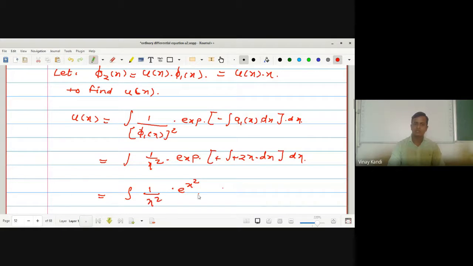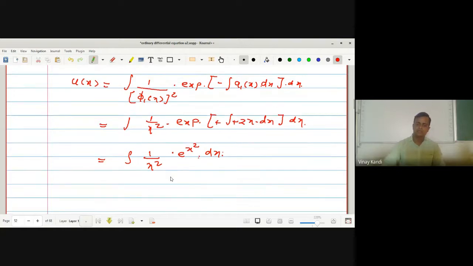This is x square into dx. If it is s, you take this common outside, treating it as a constant, and take it out of the integration. So this is u of x is equal to integration 1 upon x square into e raised to x square. How will you do its integration? Which is equal to integration x raised to minus 2 into e raised to x square into dx.